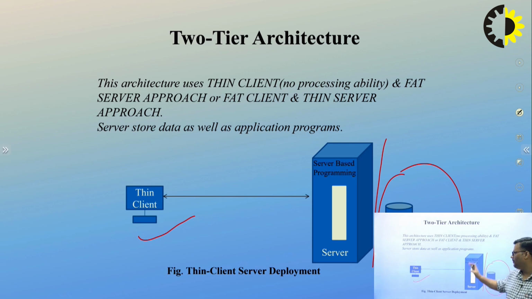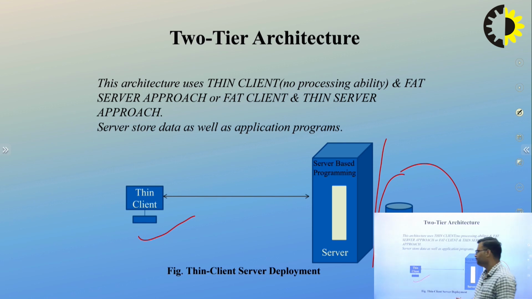This is the fat server approach, or fat client and thin server approach. Both we can say the fat server approach and thin client approach. It's also called the two-tier architecture.